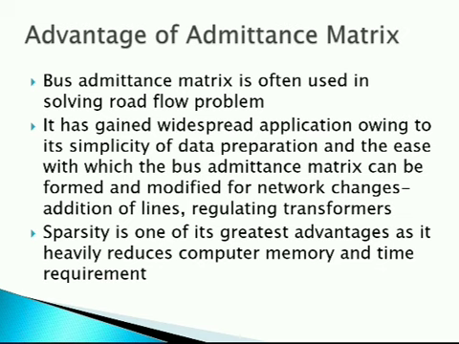So the bus admittance matrix is helpful because it is easier to add or modify than if you use a Z matrix. And sparsity is one of the greatest advantages, which I have told you.